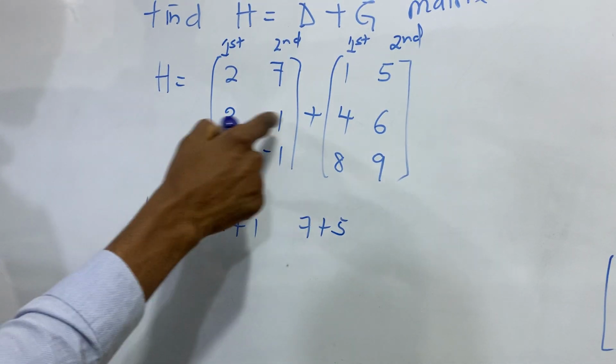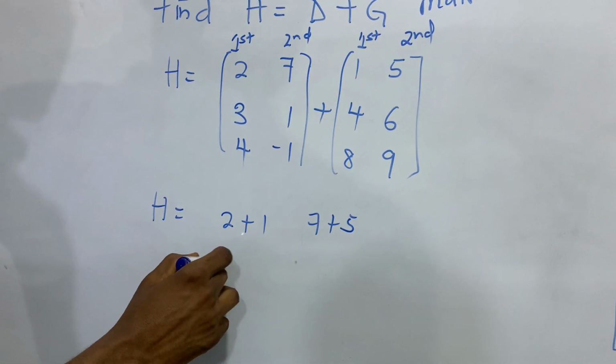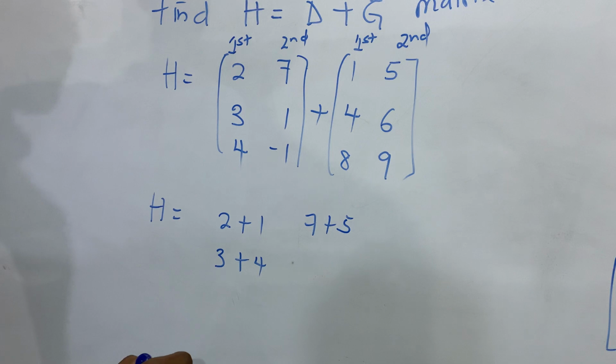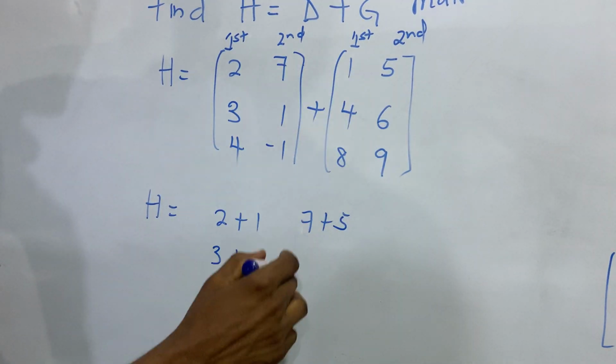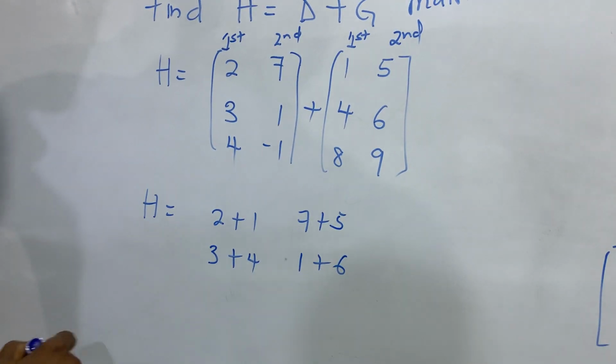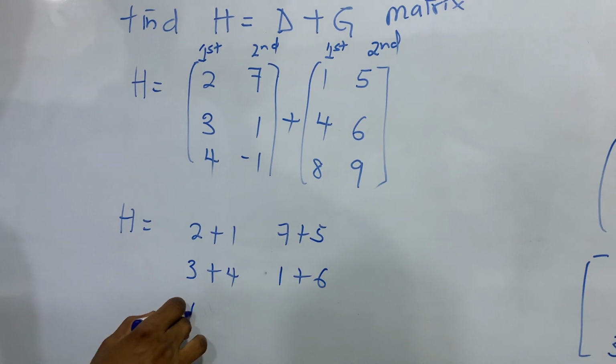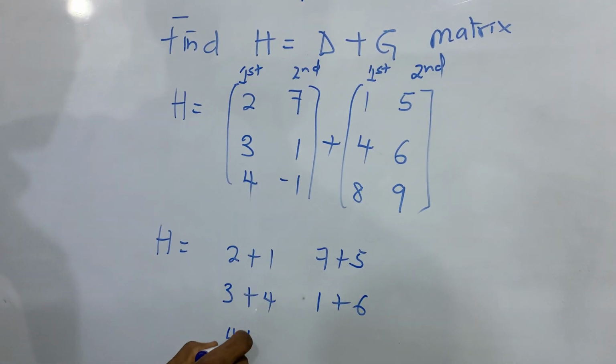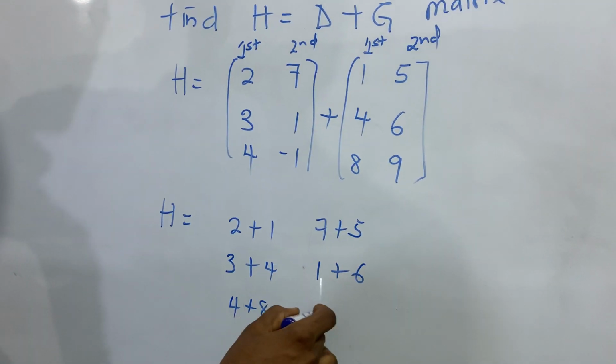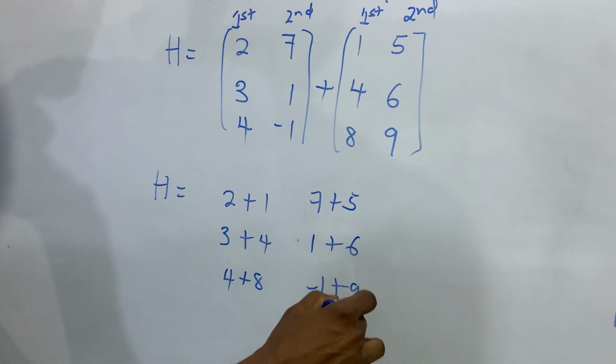So we pick 3, it goes with 4. Then 1 goes with 6, so 1 plus 6. Then we have 4 go with 8, then minus 1 will go with 9.